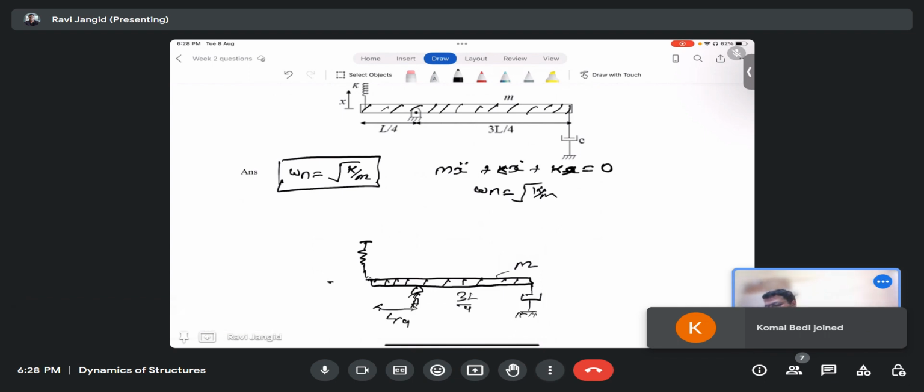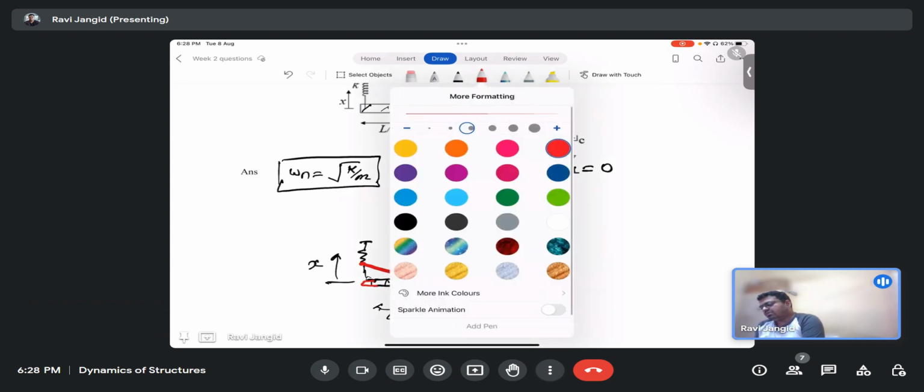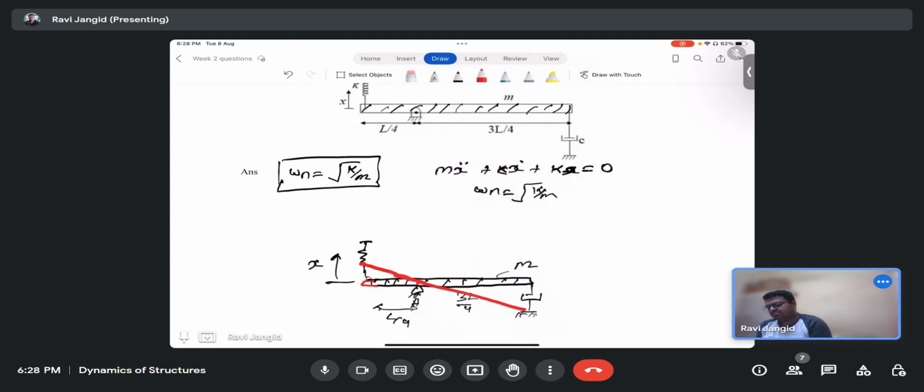And we are giving an x deformation, or you can say angular rotation, whatever you want. If I give an x displacement to this point, my beam will rotate about the hinge. This displacement is x, and this angle is theta.